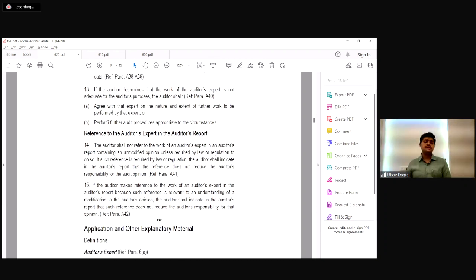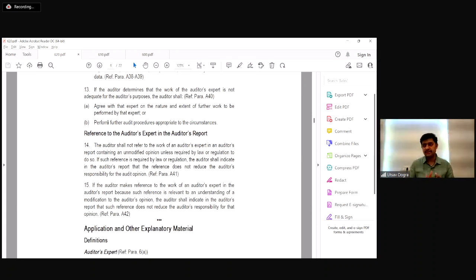Reference to the auditor's expert in the audit report. The auditor shall not refer to it anywhere in an auditor's report containing an unmodified opinion unless the law requires. And if such reference is required by law, the auditor should indicate in the auditor's report that the reference does not reduce the auditor's liability for the audit opinion. So ultimately, the auditor's liability in relation to his opinion is his own.